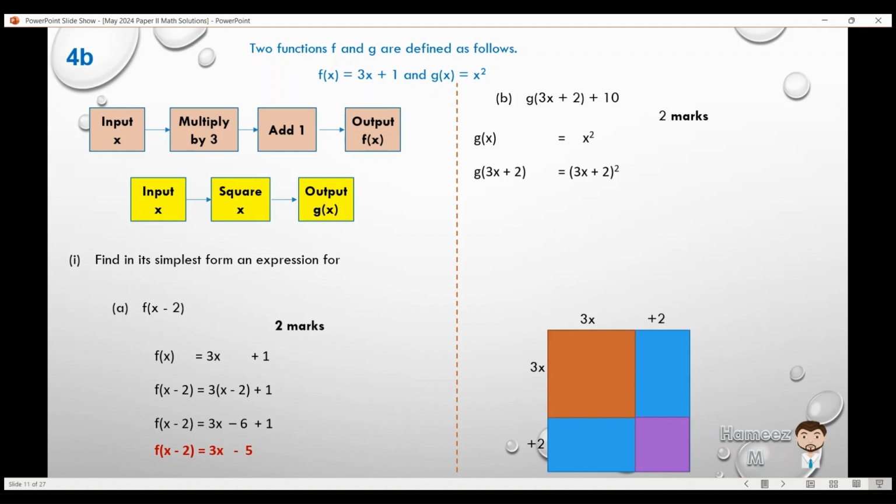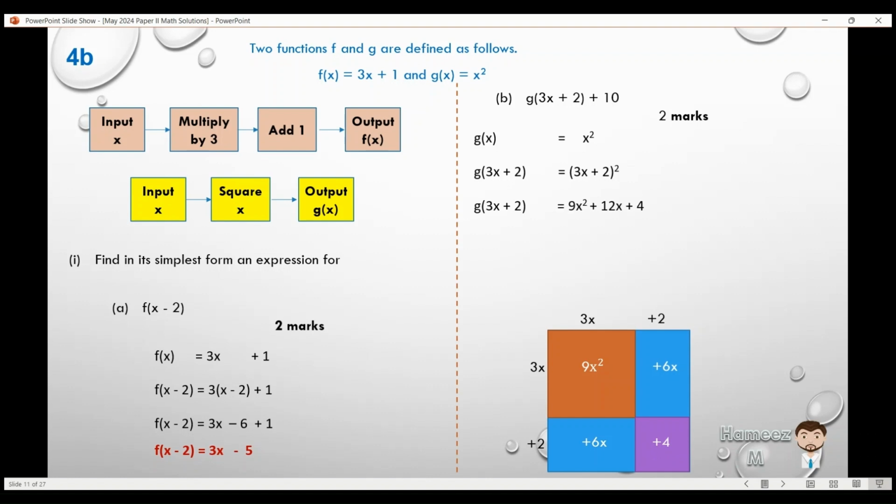If we find the areas of each one, then 3x times 3x is 9x squared, 3x times 2 is plus 6x, another 3x times 2 is plus 6x, and plus 2 times plus 2 is plus 4. Therefore, 3x plus 2 squared can be written as 9x squared plus 6x plus 6x, 12x, plus 4.